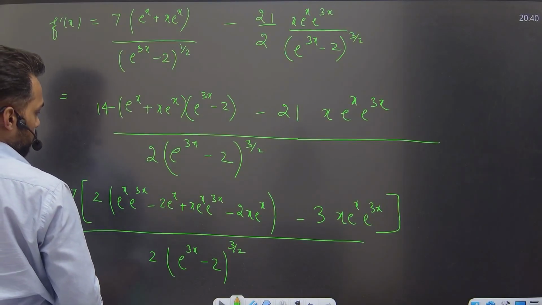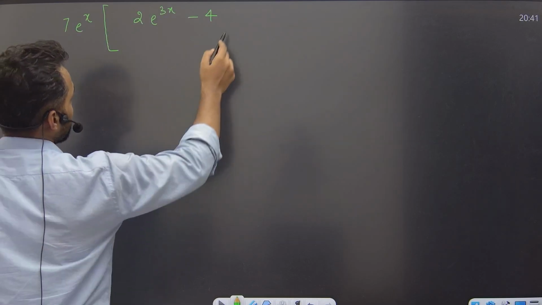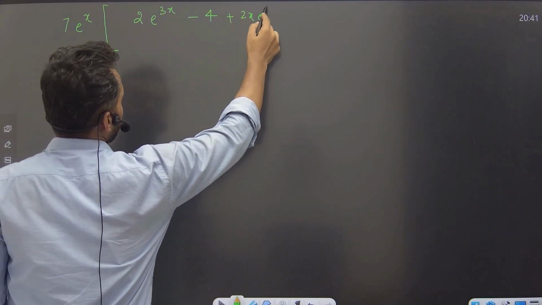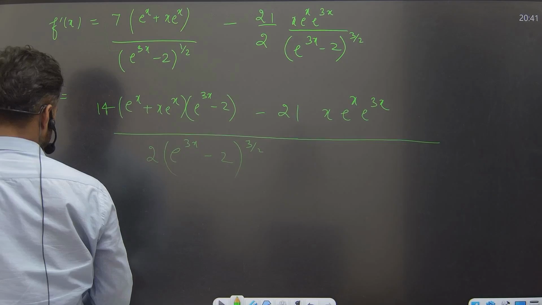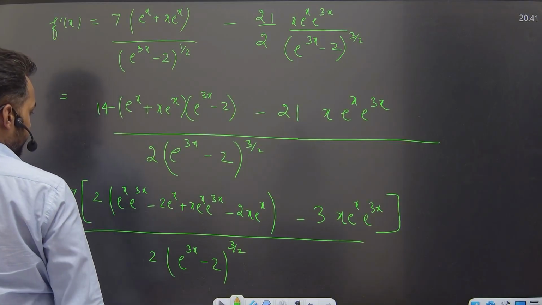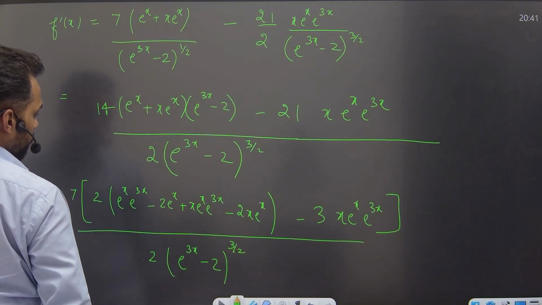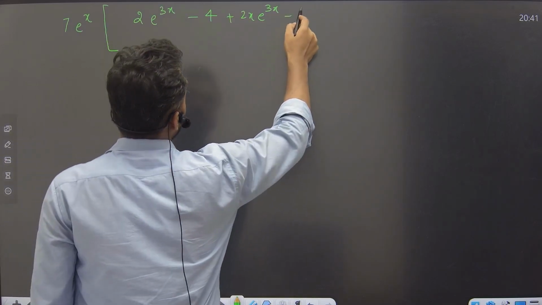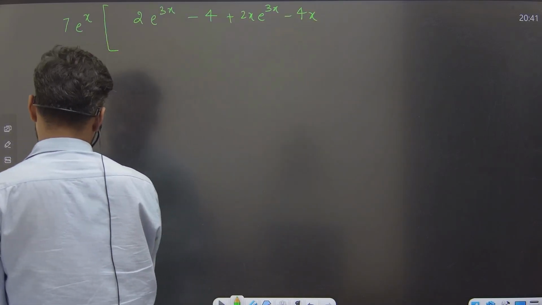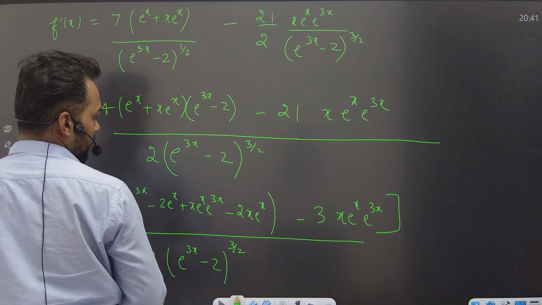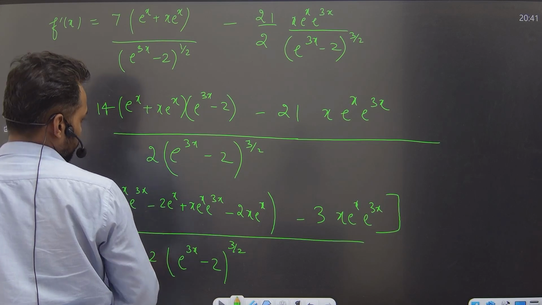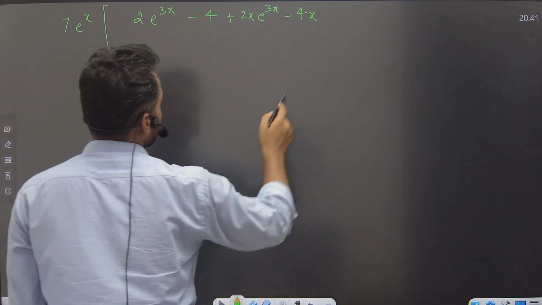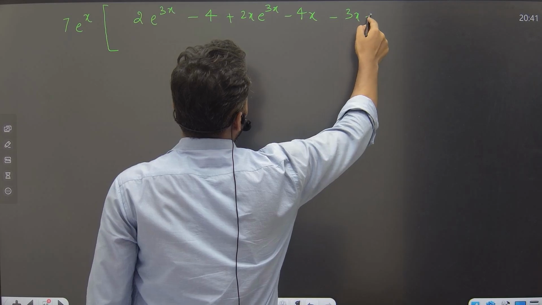plus 2x e raised to the power 3x, minus of 4x. Here e power x was common, so 3 times x e raised to the power 3x.